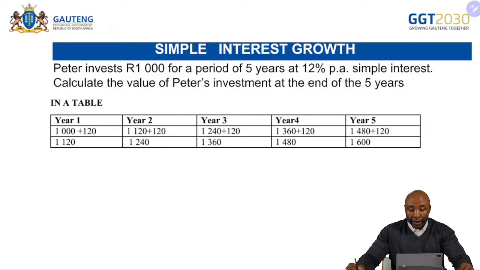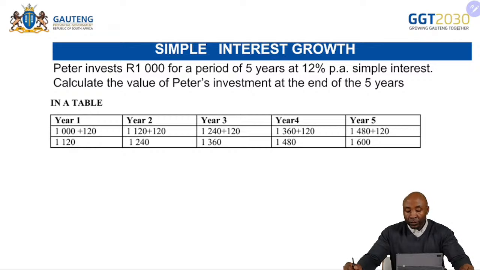That money remains in the account. Following year, we have 1,120 plus the 120 interest for the second year, and that will mean at the end of the second year, the amount in the account will be 1,240.